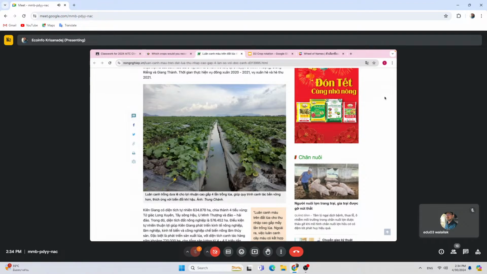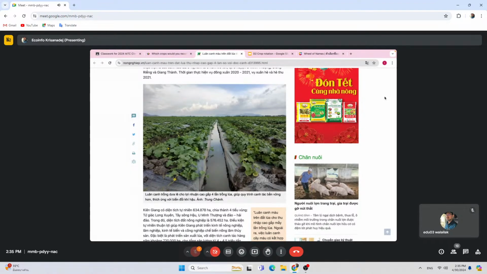And the long one is from 200 to 240 days, and maximum 270 days per crop. So that's what is shaped by the soil and climate in the south of Vietnam.